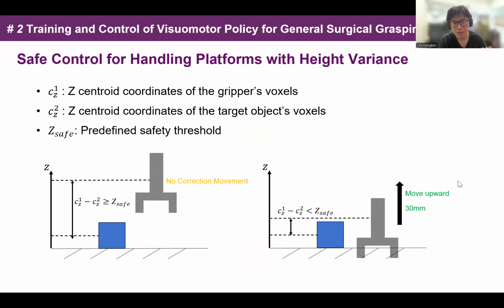When the gripper is too close to the ground, it will be moved upward by 30% of 30 millimeters to prevent it from putting too much force on the tissue. I think in the future we will have more work on this kind of safety control.